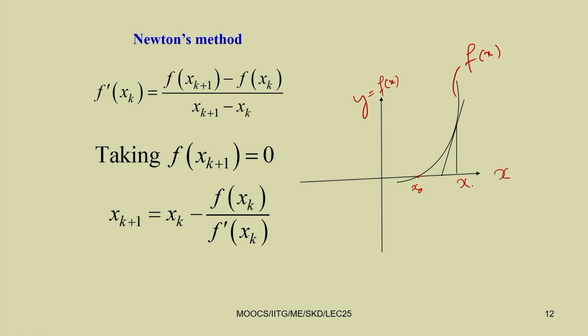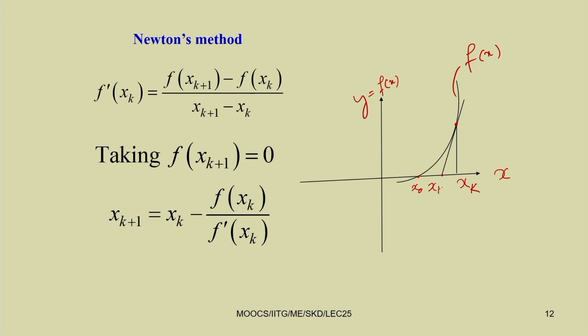Initially, we take this point xk, so at xk this is f(xk). Here if we draw a tangent, you can see it cuts the x axis at this point. This point can be taken as the xk plus 1 point.